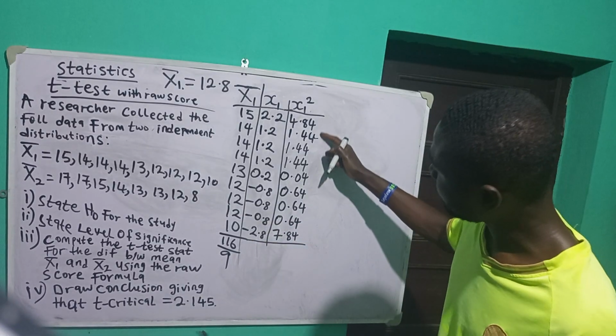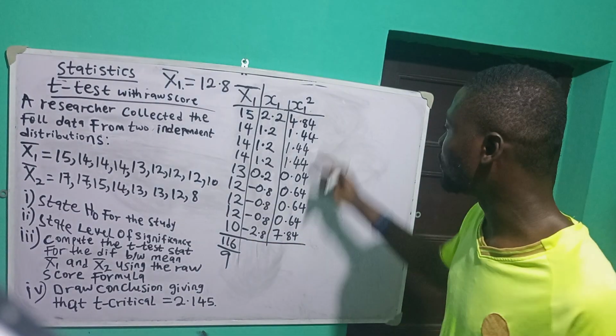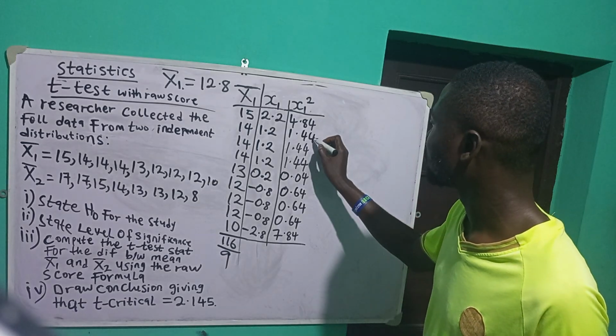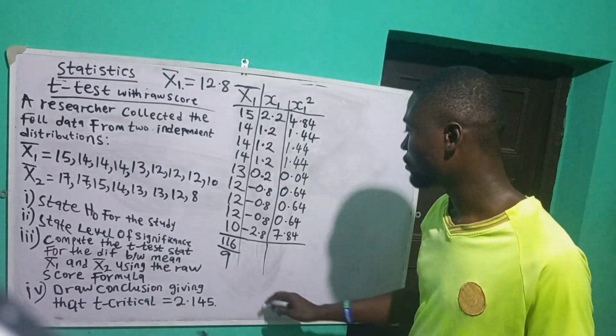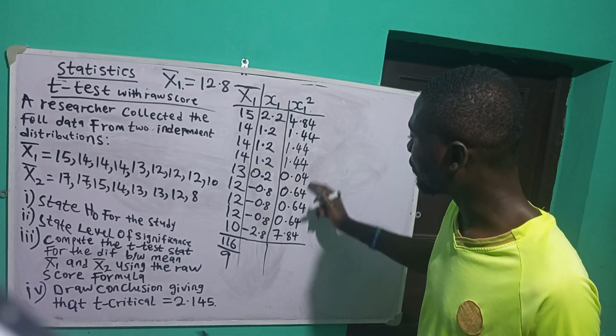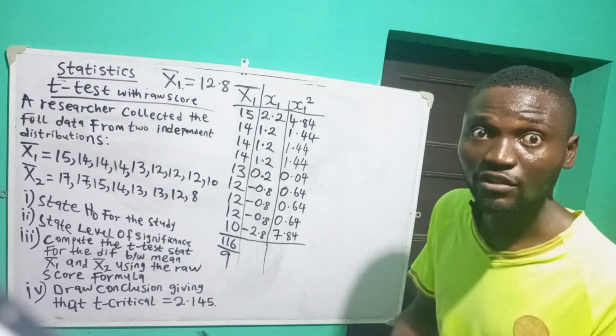So all the numbers that are here, you add all of them up to get the total.